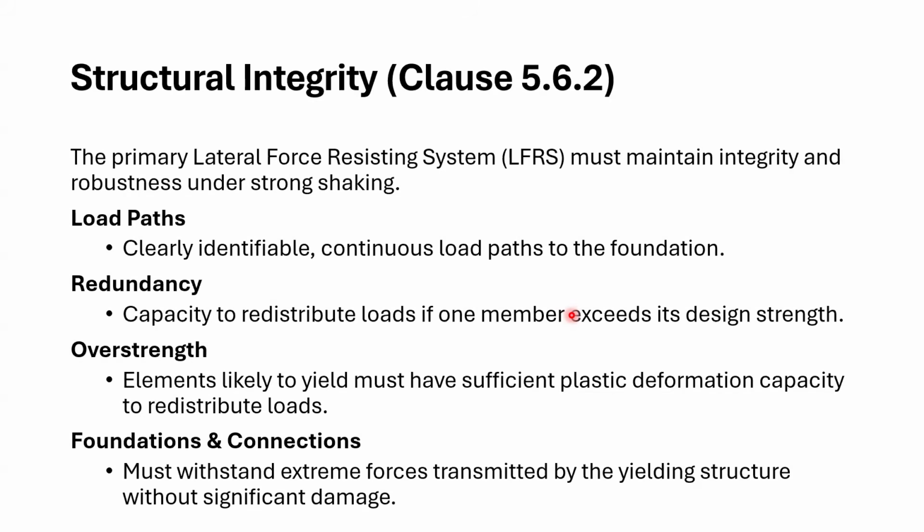That should also be identified. Overstrength, elements likely to yield must have sufficient plastic deformation capacity to redistribute load. Foundations and connections must withstand extreme forces transmitted by the yielding of the structure without significant damage.